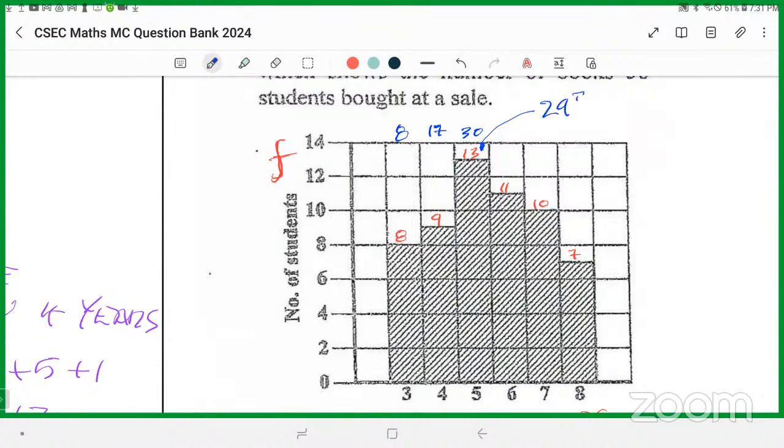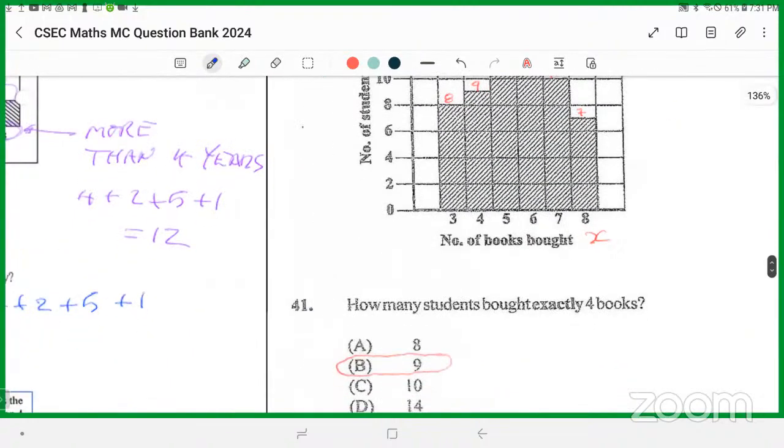The 29th and the 30th person, each of them bought 5 books. And if you average 5 and 5, you're still going to get 5. So the median is 5.